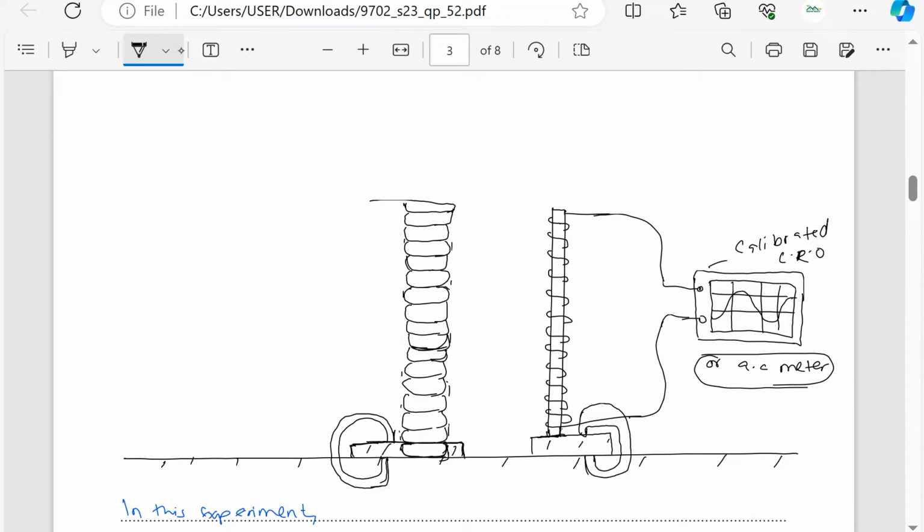Then this is an iron core. So this is going to be coil Q, and this is going to be coil P. On the other side of coil P, I have an ammeter.